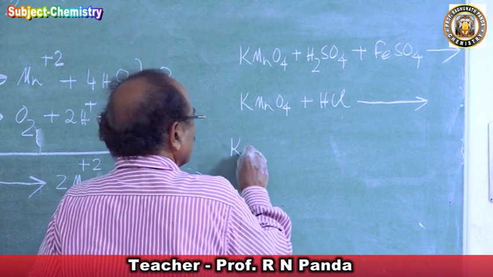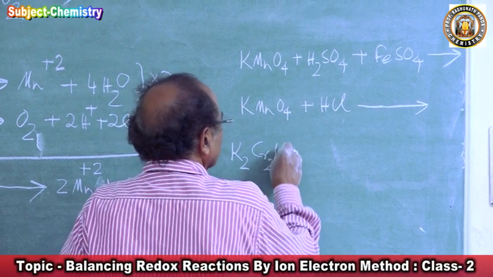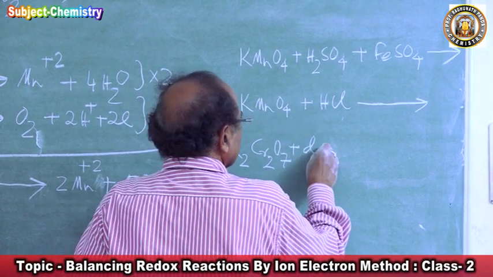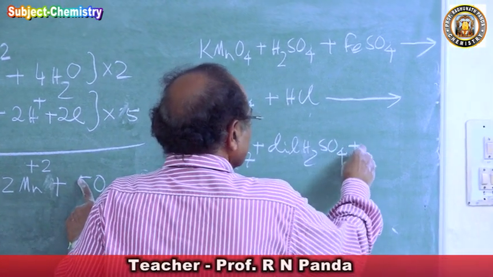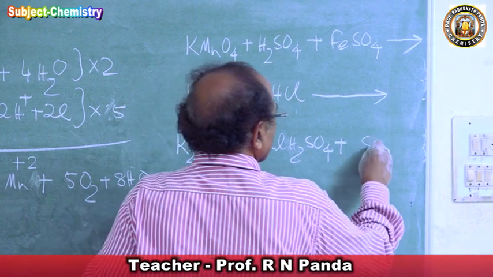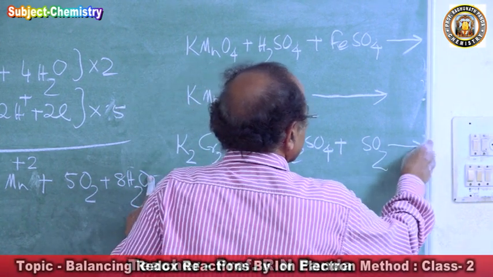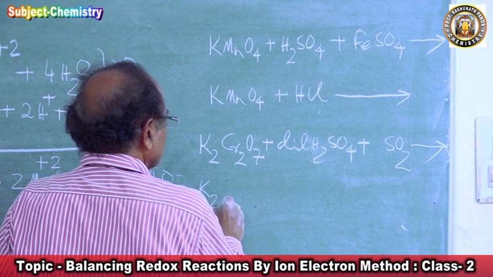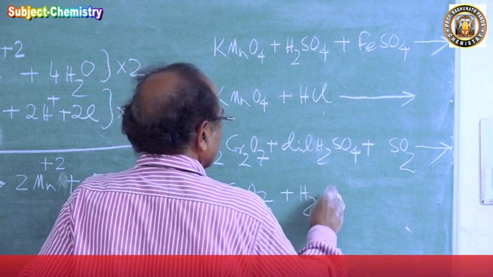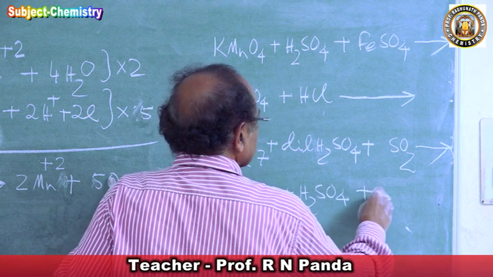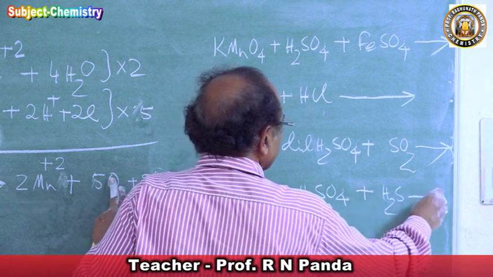Then K2Cr2O7 plus dilute sulfuric acid plus SO2. Then K2Cr2O7 plus dilute sulfuric acid plus H2S.